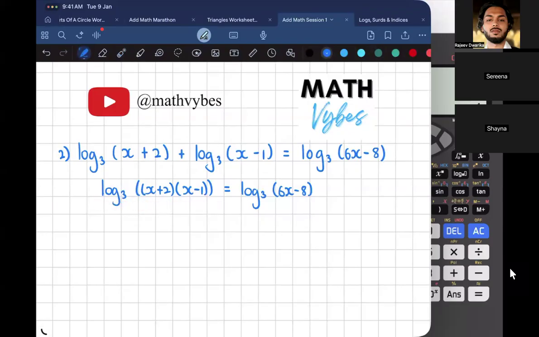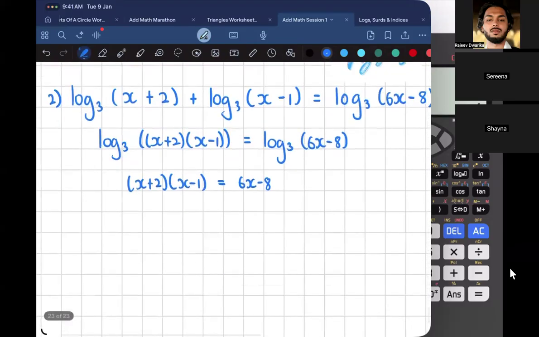If you have one log and it's the same base, you could drop the logs. If I drop the logs, I'm going to end up with x plus 2 times x minus 1. And that would be equal to what, Sheena? If I drop the logs on both sides, what would that be equal to? Tell me, Sheena. 6x minus 8. Right. Sheena, let me see if you can expand this without errors. Expand this one.